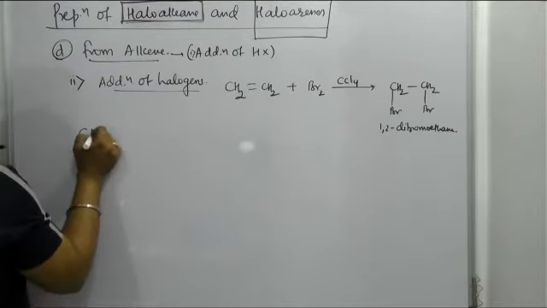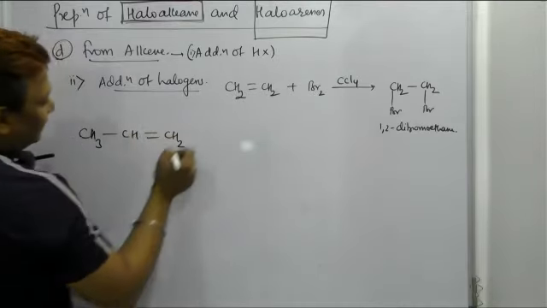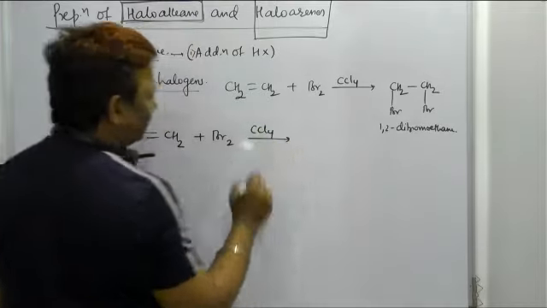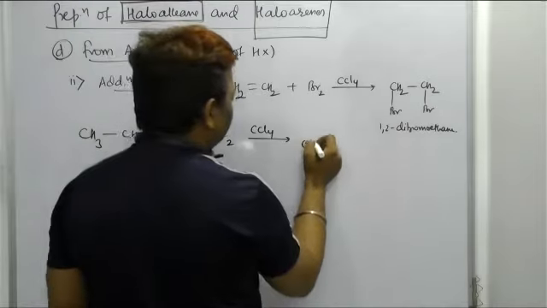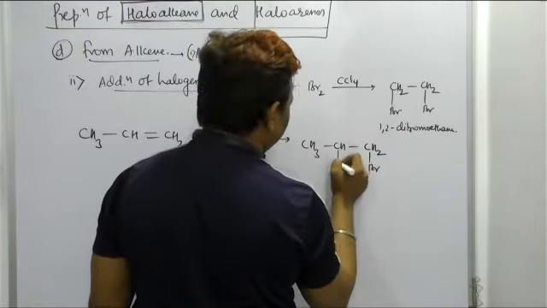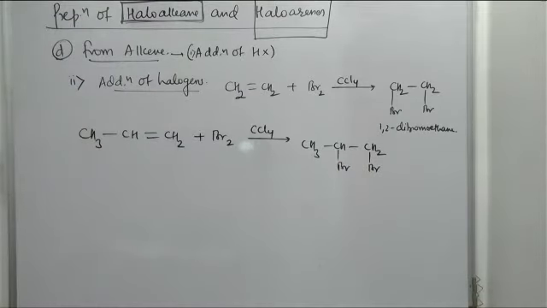If we have an unsymmetrical alkene and add halogen in presence of carbon tetrachloride, obviously one bromine goes here, one bromine here. I'll get CH3 CH Br CH2 Br, 1,2-dibromopropane. Any doubts till here? Please note down fast.